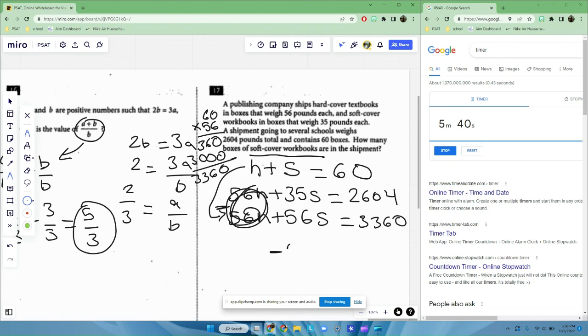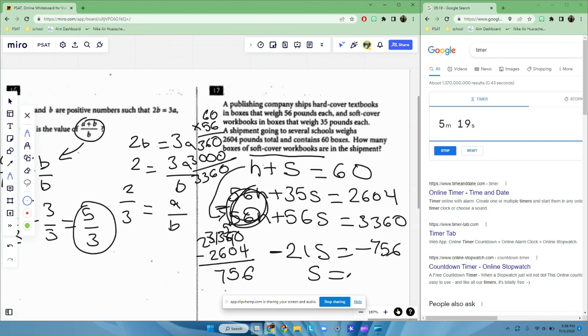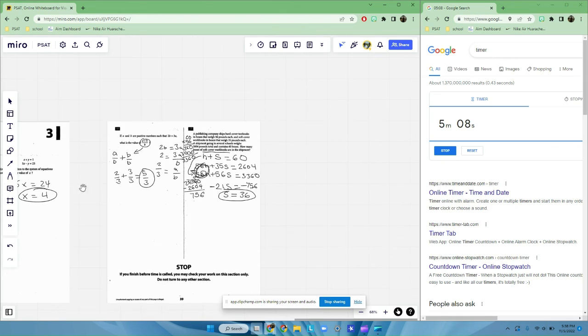This would be equal to minus 21S, and this would be equal to 360 minus 2604, which is minus 756. So 756 divided by 21 is equal to 36. So there's our answer.